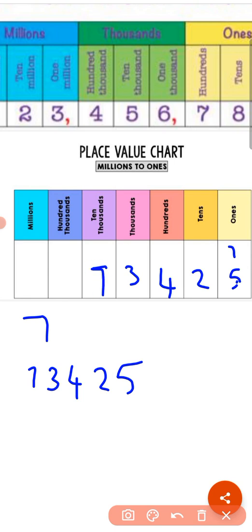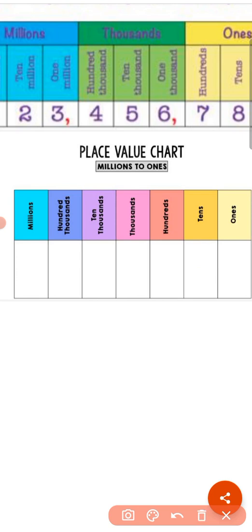Okay, then group it. 5 2 4 comma, that is they are in ones group. 5 2 4, then 73. We will read it as 73,425. Okay. I will show you one more example.